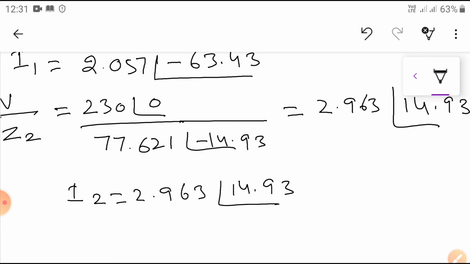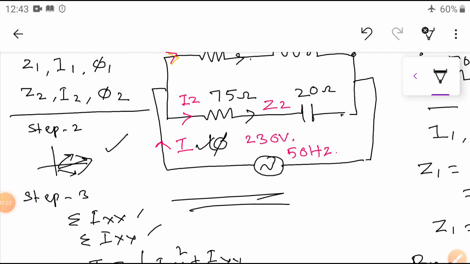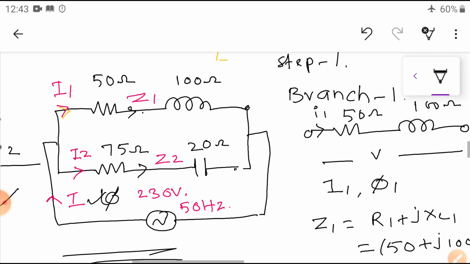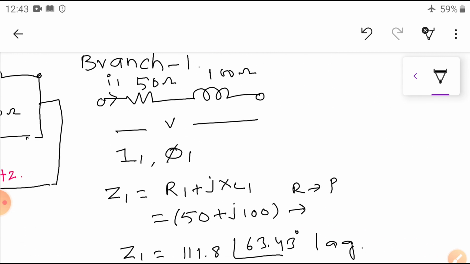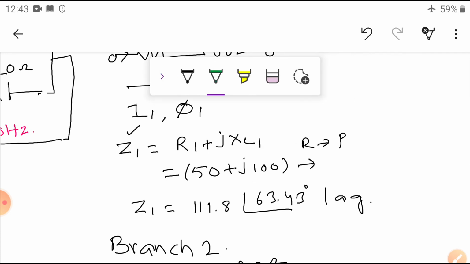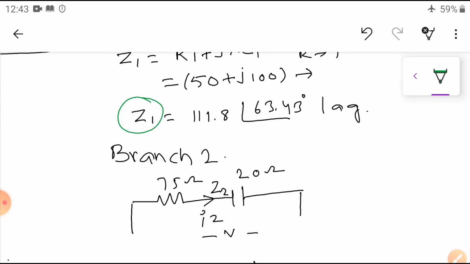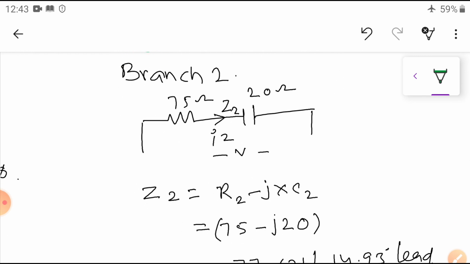Once again, you can see what we have seen in this problem. First of all, we calculated Z1, and from Z1 we calculated the first current I1. Similarly, for branch 2, Z2 is calculated.